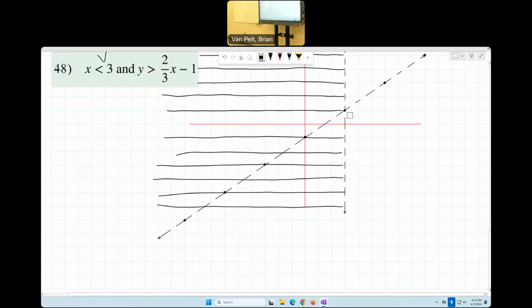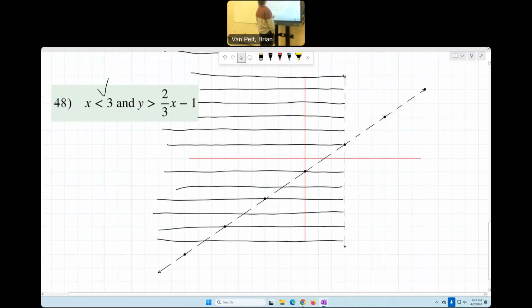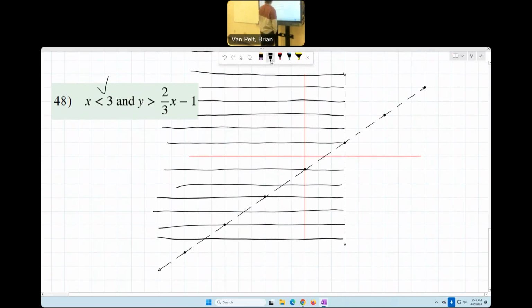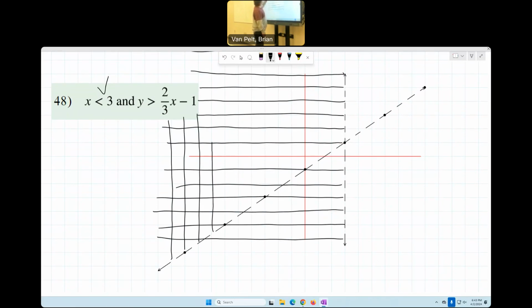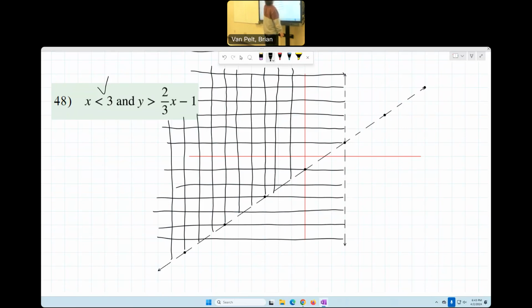So I'll shade vertical marks until I get to that line.